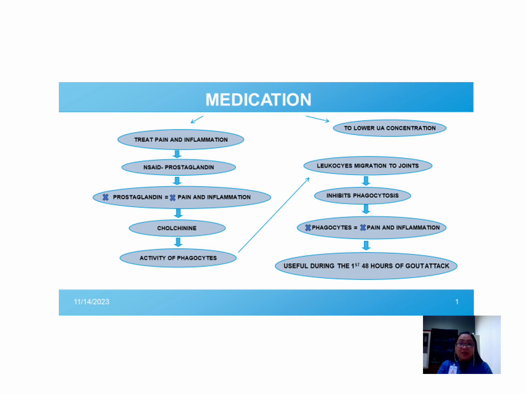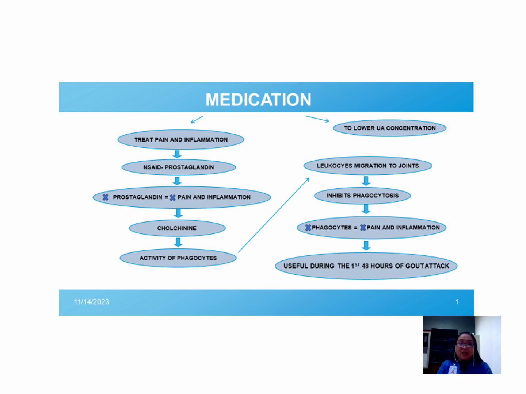Prostaglandins are a group of lipids that are made at the sites of damaged tissue. If the action of prostaglandin is inhibited after the ingestion of NSAID, then there will be no prostaglandin formation at the site, which means there will be no pain and no inflammation.